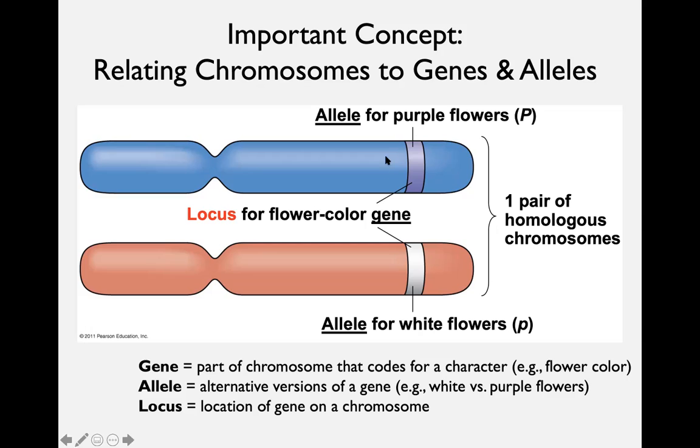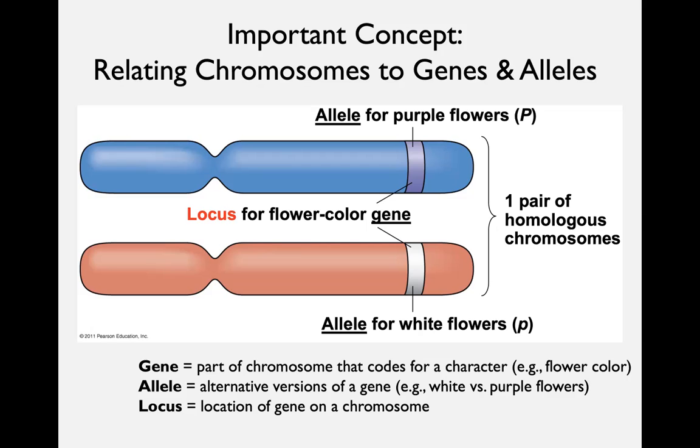So for you guys on Zoom, the blue chromosome has a different allele than the red chromosome, but same gene, different alleles. The locus is just the location of a gene on that chromosome. Yes? Is the allele like your recessive trait? The allele can be dominant or recessive, yes. And we'll talk a lot about dominance and recessiveness.